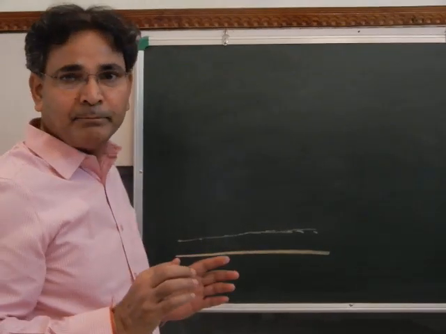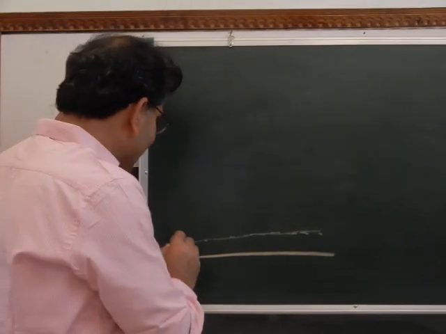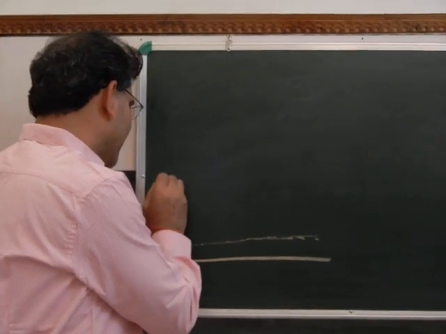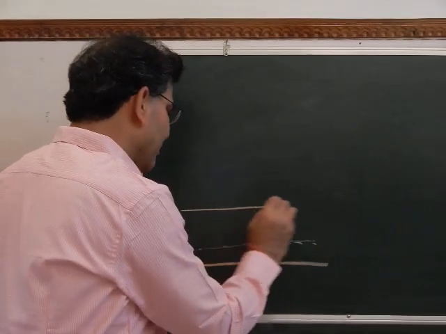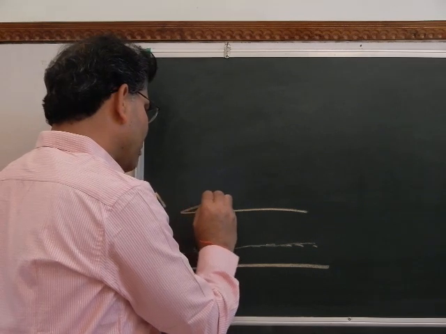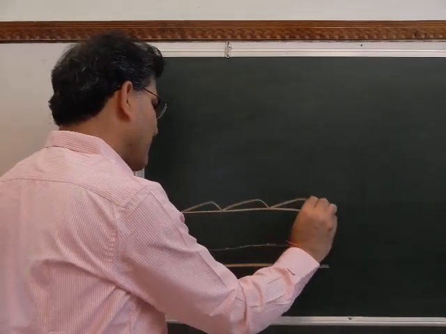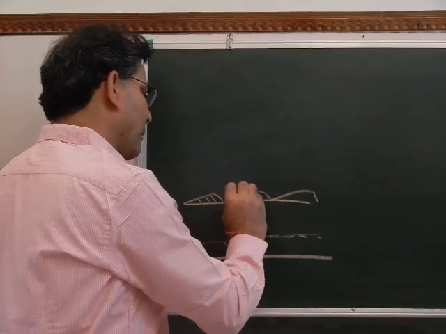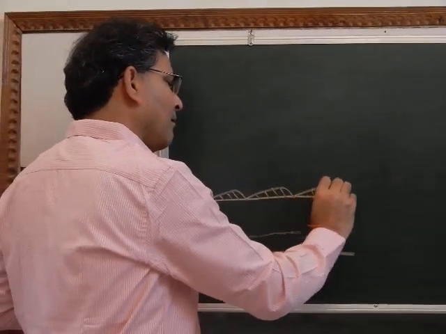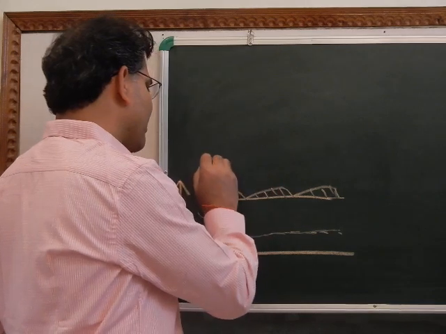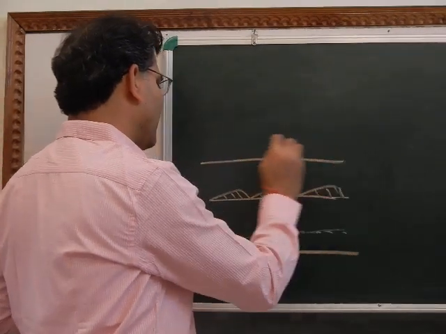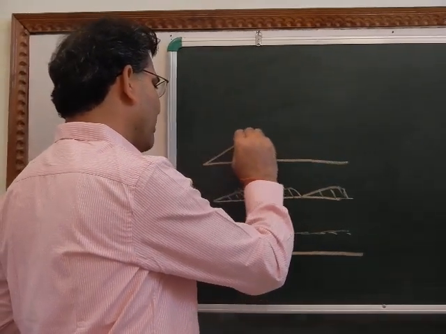They are horizontal. With further increase in velocity, the velocity is increasing in this direction. This is the surface, and the small scale ripple marks are formed. These are the small scale ripple marks. With further increase in the velocity, the large scale ripple marks are formed.